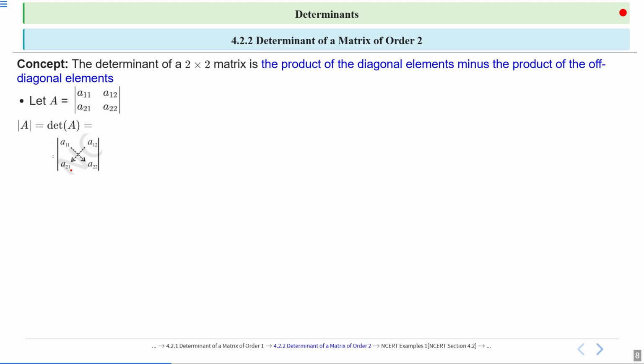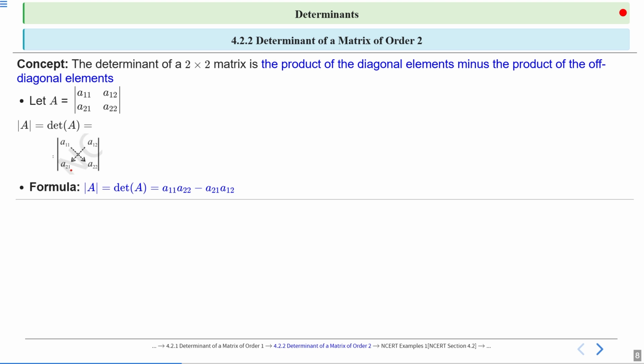So determinant of A is equal to A11 into A22, the product of diagonal elements first, and then subtract the product of off diagonal elements, that is A12, A21.